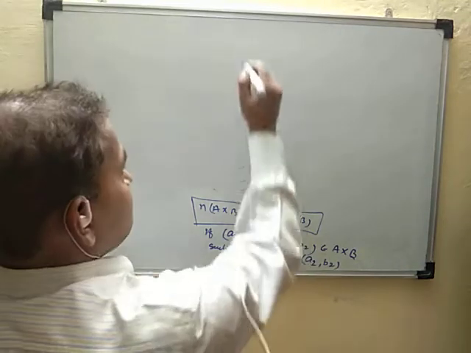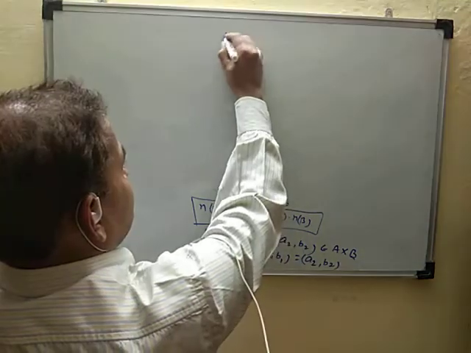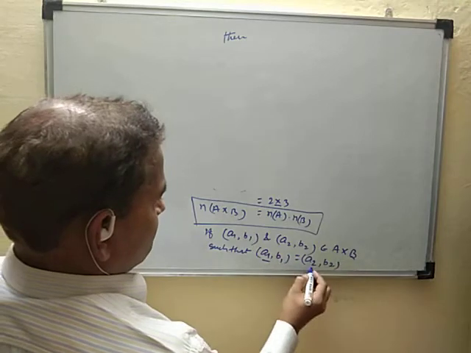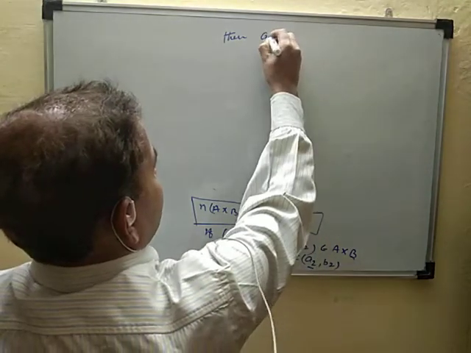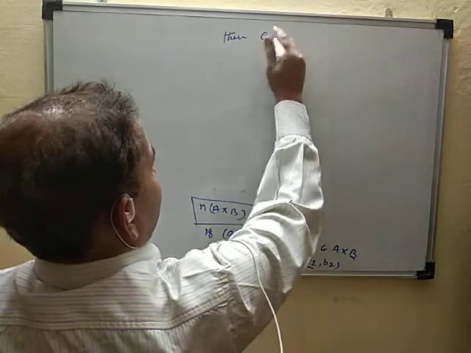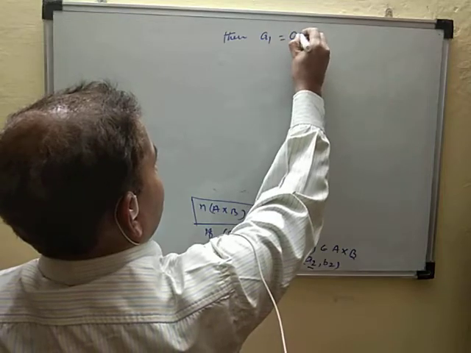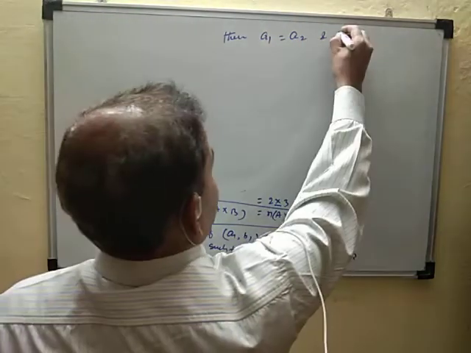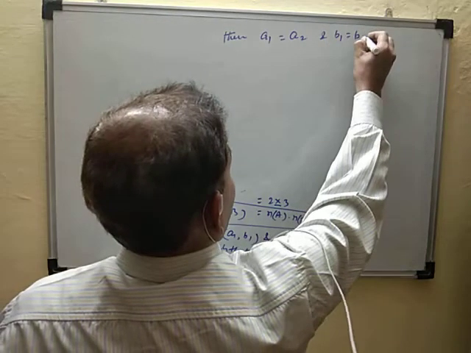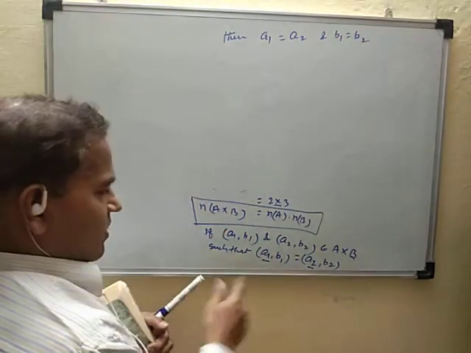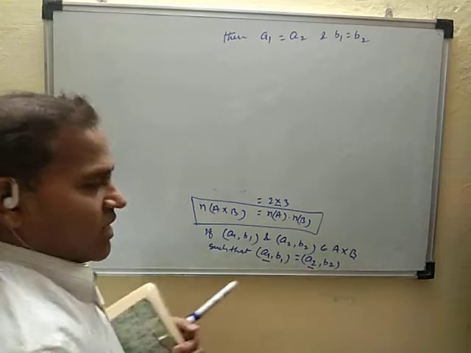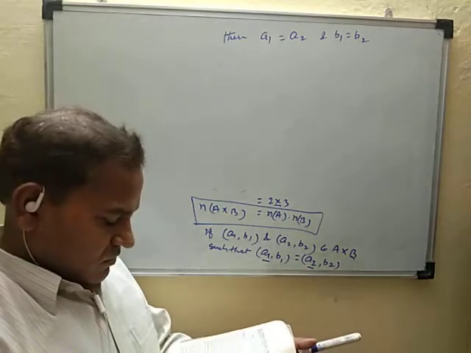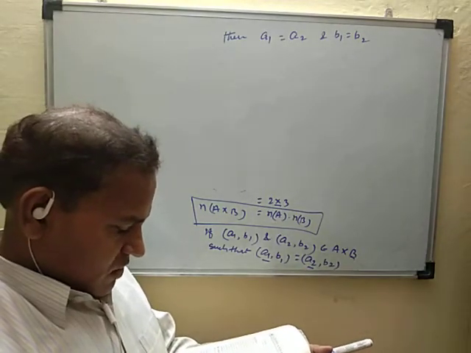So the first entry equals the first, that is a1 is equal to a2, and b1 is equal to b2. This is for two elements.